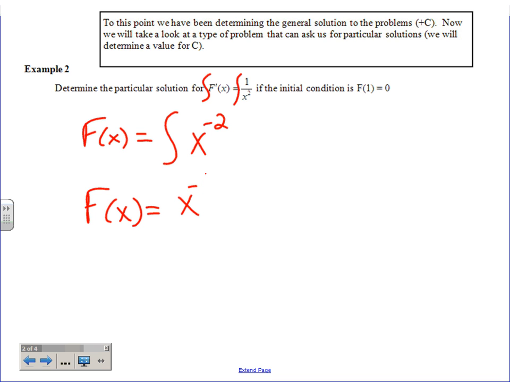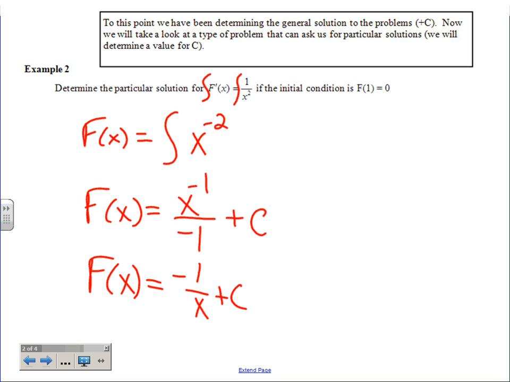Negative 1 over x, plus some constant, right? That, I hope you know by now, is the general solution. It's not very well cleaned up, though, is it? How could we clean that up a little bit? Yeah, I'd say negative 1 over x plus some constant. Okay?